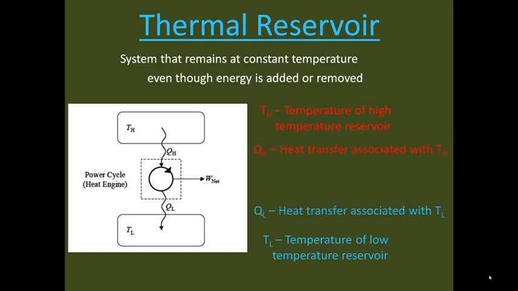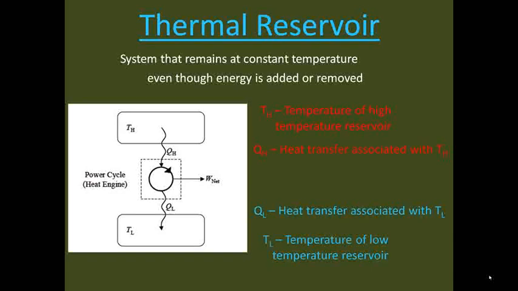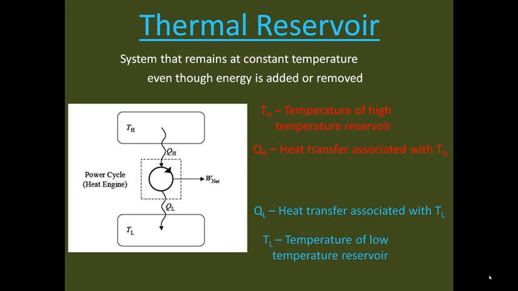It just depends on where that heat transfer is coming from. So if the heat transfer is coming from or going to that high temperature reservoir, it's going to be the high temperature heat transfer. Okay. So it's always going to be the one that's associated with its reservoir. Likewise, the low heat transfer is going to be associated with the low thermal reservoir.